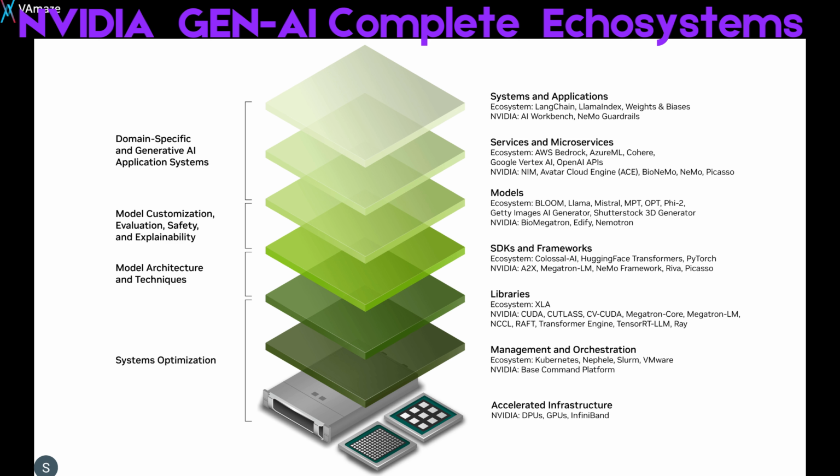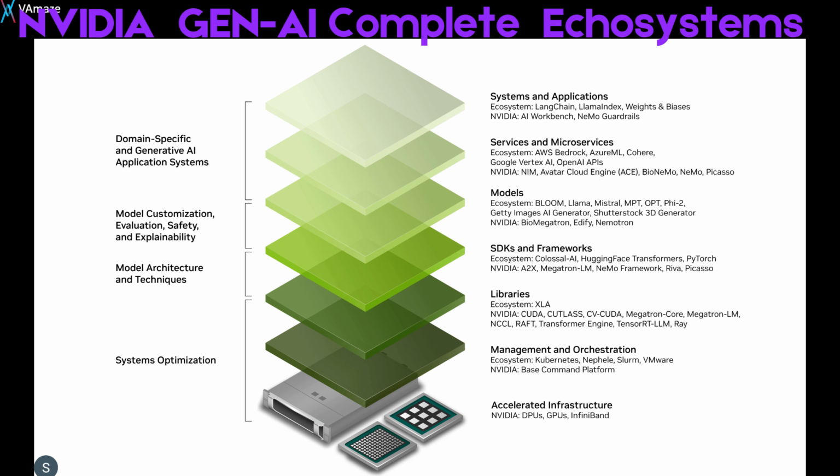Then we have management and orchestration, with Kubernetes and VMware virtualization, and also the NVIDIA Base Command platform. Then we have the libraries for abstracting the GPU, like CUDA, Cutlass, NCCL, Transformer Engine, TensorRT-LLM, Ray, etc.